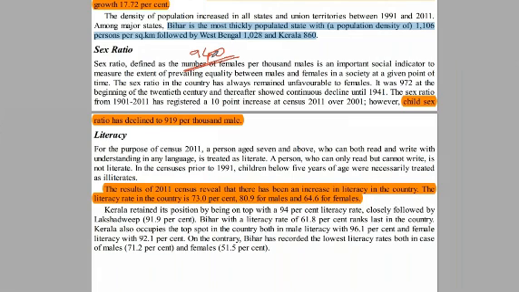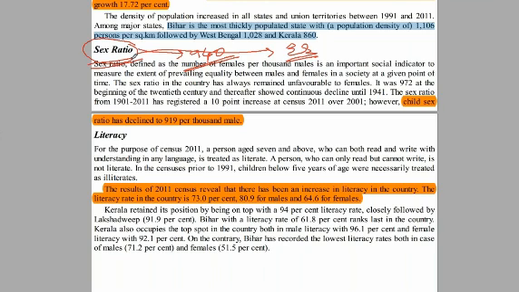So remember this, the overall sex ratio is 940 female per thousand male, and the child sex ratio is 919 per thousand male. This becomes very important for a simple reason. There has been a discussion on the sex ratio in the Economic Survey, and UPSC may join certain points in the Economic Survey with certain points from the India book and ask you a question on it. So please remember these particular facts.